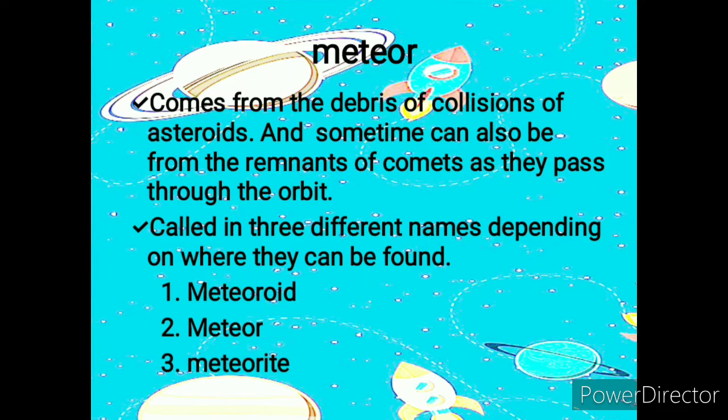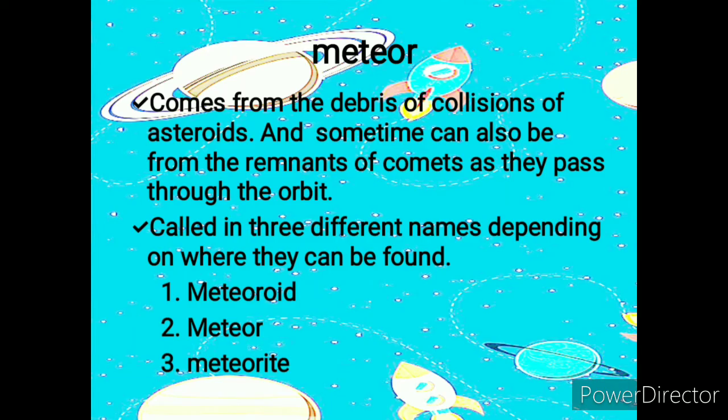So those are the different names that are familiar to us, on how others call it. But actually, these are meteors. Once it lands on the Earth's surface, then we can now call it a meteorite.